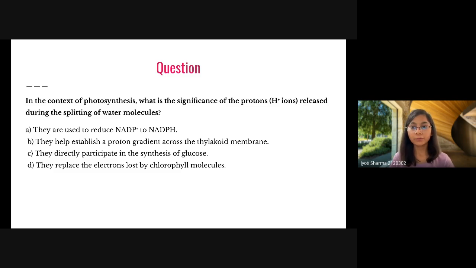Anyone? What is the use of the proton that has been released after splitting of water in the presence of sunlight in the chloroplast of the plant? We already have discussed that it will establish the proton gradient.